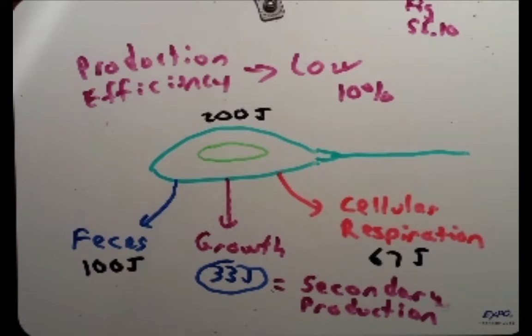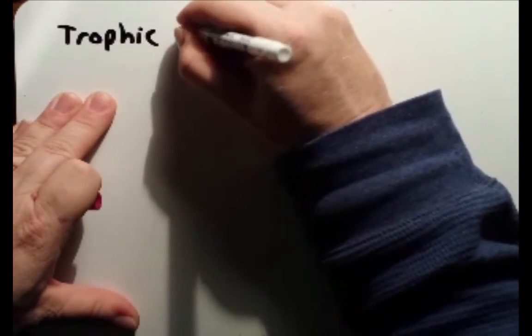Now let's think about this beyond just one particular interaction, this herbivore interaction with the plant. Let's think about these interactions and the efficiency of the energy upon the whole trophic structure, along the whole food chain or food web. So that's thinking about the efficiency within the trophic structure. Let's define trophic efficiency.